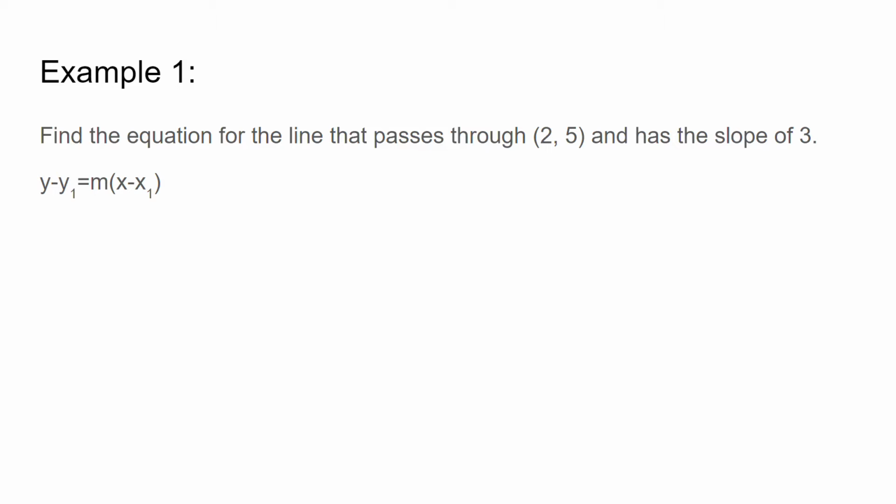First we have y minus y1 equals m times x minus x1, and so we need to find x1, y1, and m. x1 is 2 because it is the x value of this point, and this point is on the line. y1 is 5 because it is the y value of the point on the line, and the slope is 3. So when we plug that in, we get y minus 5 equals 3 times x minus 2.